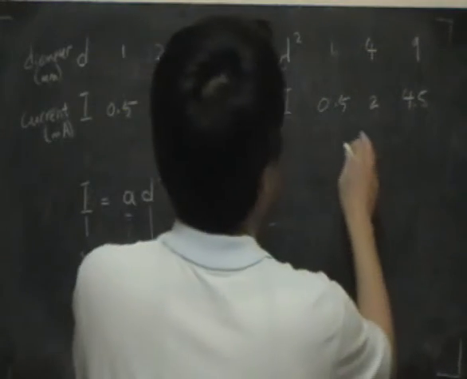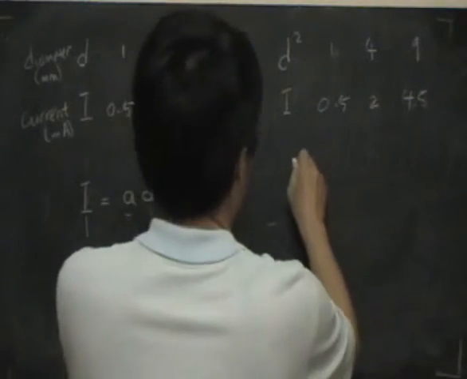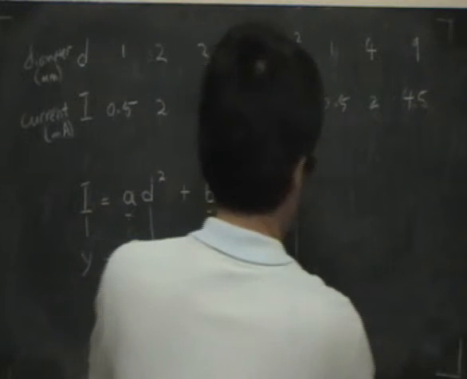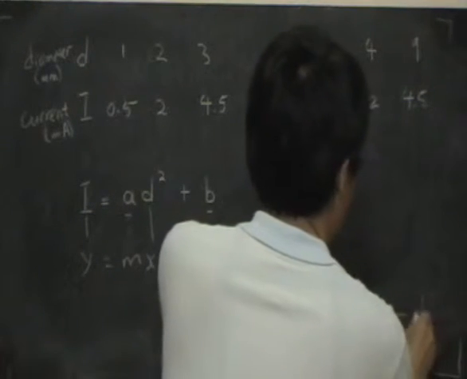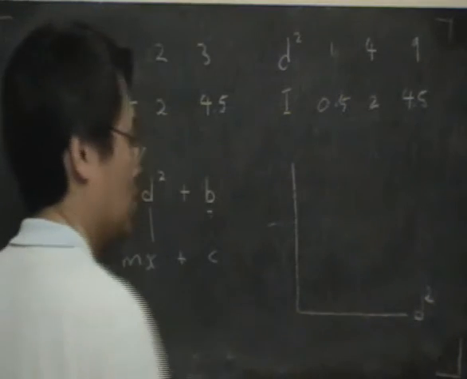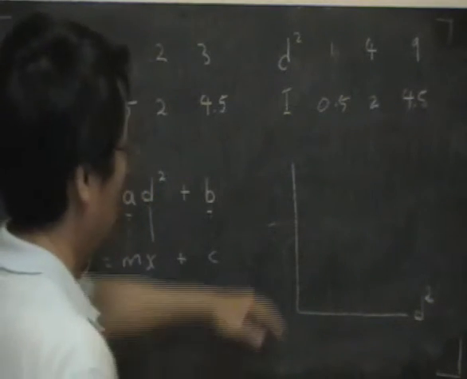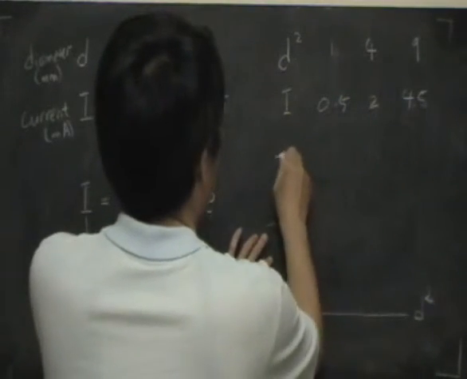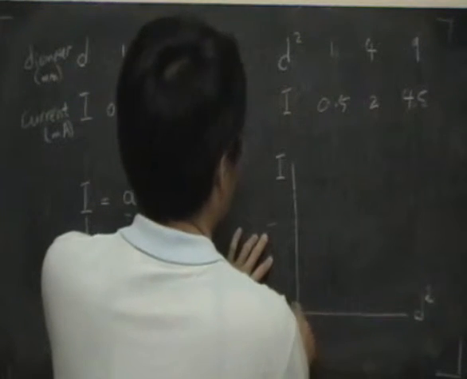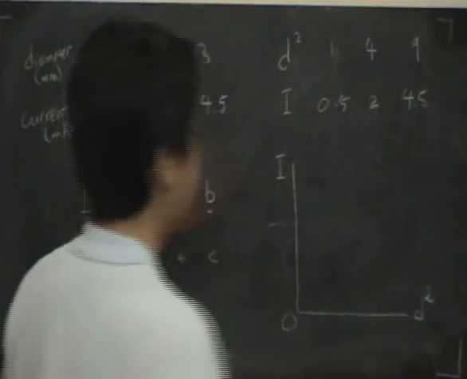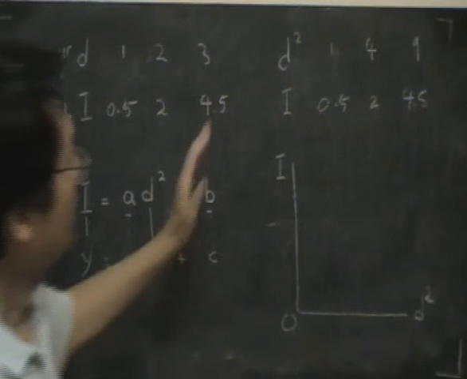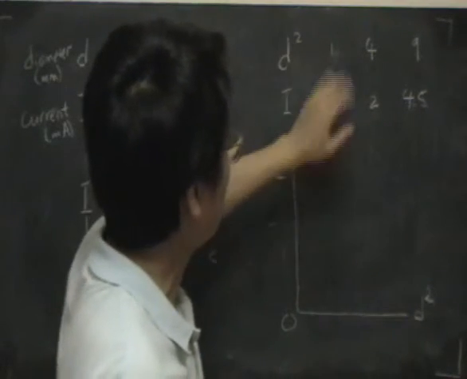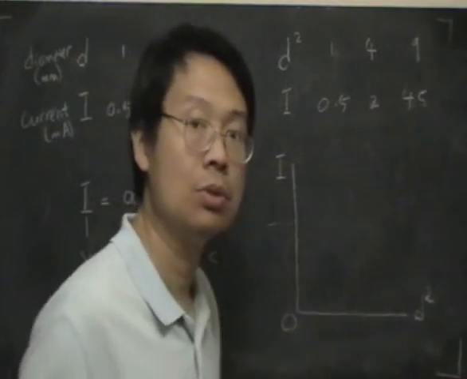Okay, I know that there are no negative numbers here, so let me just show the positive sides of the two axes. So that is 0. Okay, now d squared goes from 1 to 9.